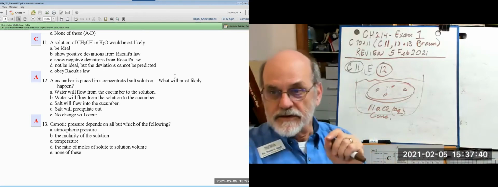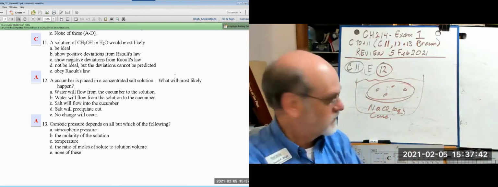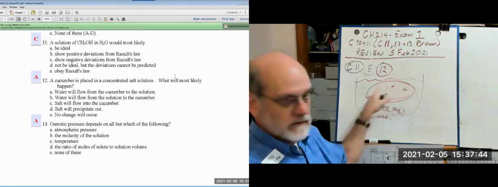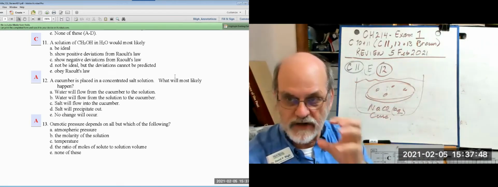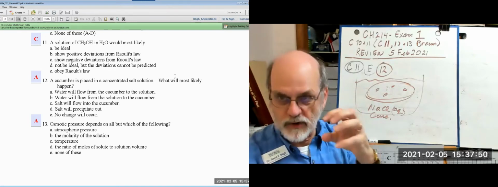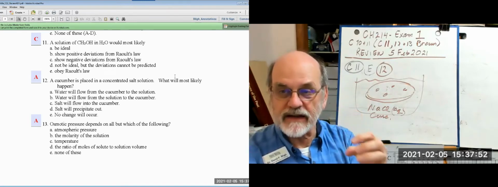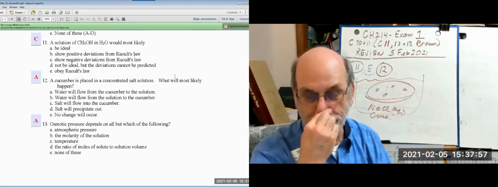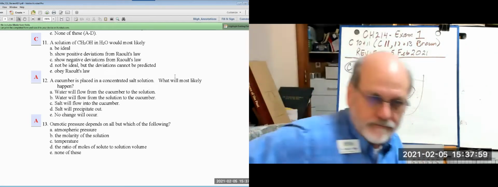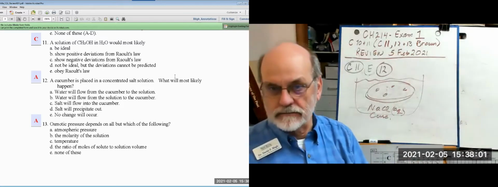And the semi-permeable membrane is where? It's right there. Each cell has a semi-permeable membrane surrounding it in this cucumber. So that's what's reacting with the concentrated salt solution. Now, what's going to happen?